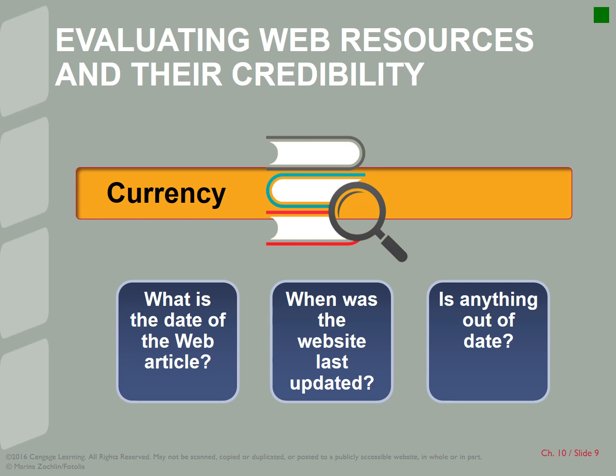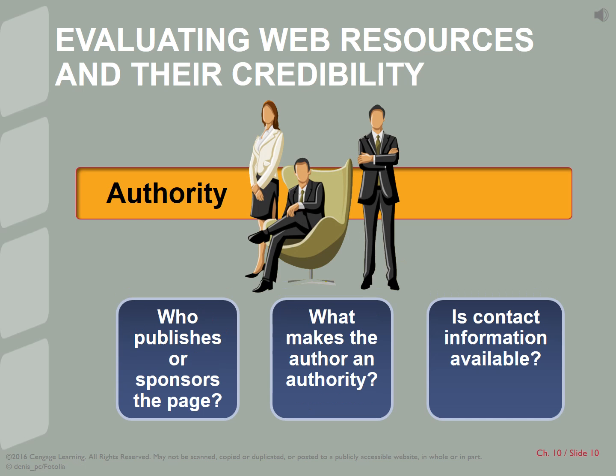When was the website last updated? A great question. And really using your own knowledge, your own sense, is anything out of date? If I'm reading an article, I'm thinking, another product has come out since they're talking about this one in the article. Again, red flag, probably not the best resource.